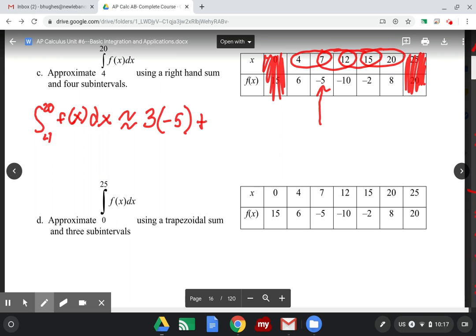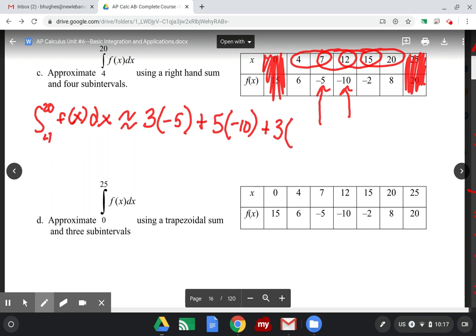Plus my next rectangle is going from 7 to 12. That is 5 units wide. And I would find the height of it from the right-hand side, which is -10. Plus the next width of the rectangle is 12 to 15, which is 3.